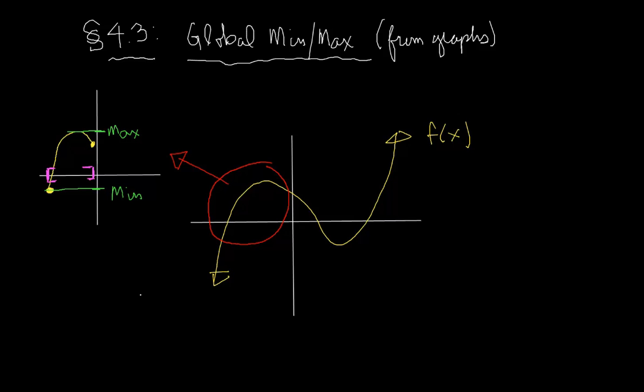Then the global mins and maxes can be located either at relative mins or maxes or the endpoints. Let's make sure that statement is going to hold up.